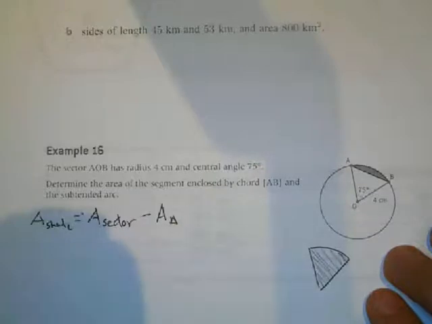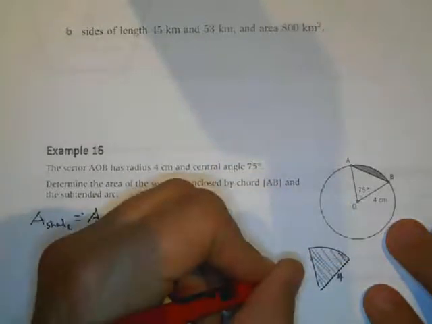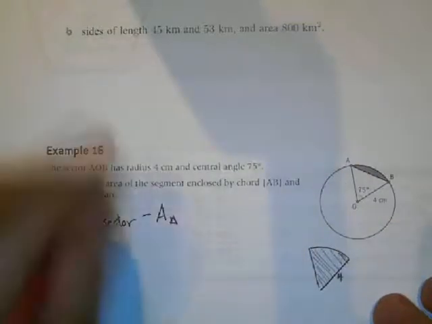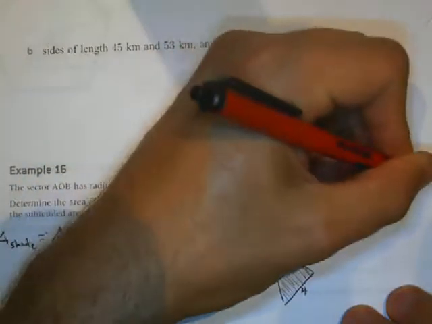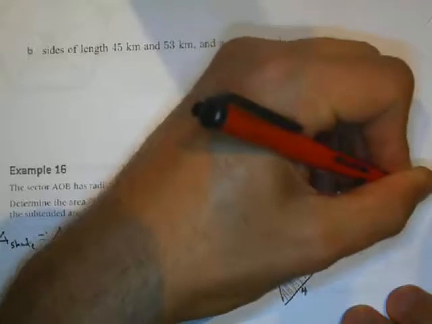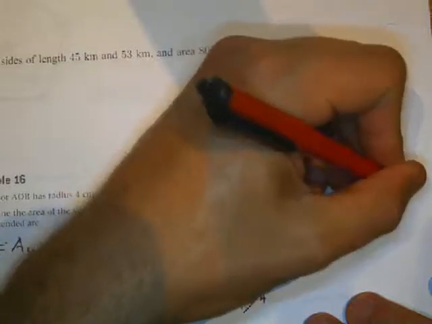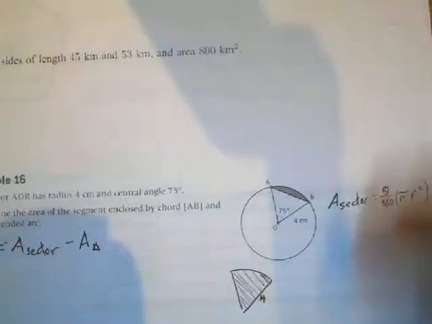We know this distance here is 4. The area of a sector is equal to the angle over 360 times pi r squared, because the area of a circle is pi r squared.